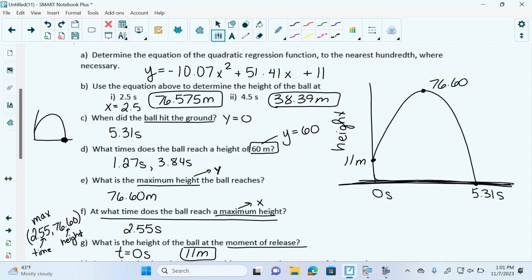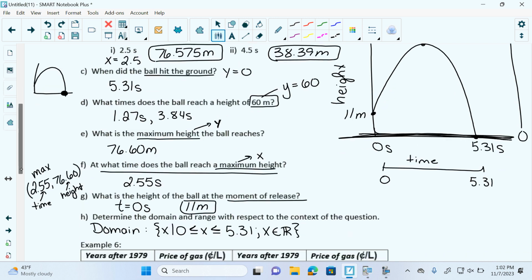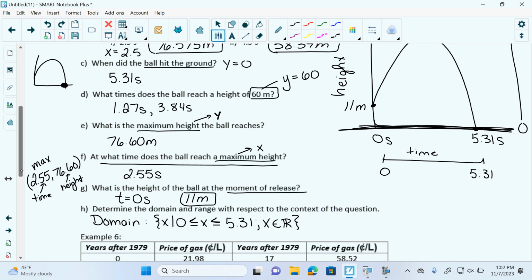So what's my lowest y? 0 to 76.6. And what's my x, which is time? 0 to 5.31. Right? So my range is going to be from 0 to 76.60.